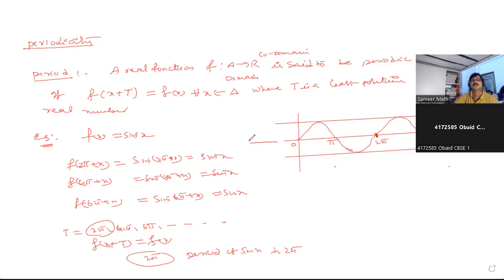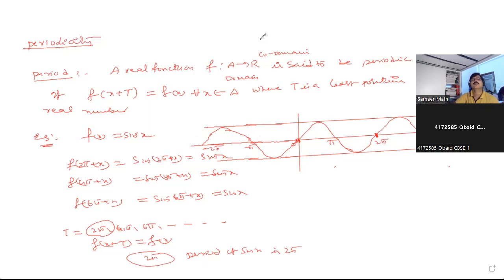How do you see this? Right. I want to extend the left side also. You can see now. This is 0, I said. This is minus pi, minus 2 pi. See the shape? This shape is repeated here.